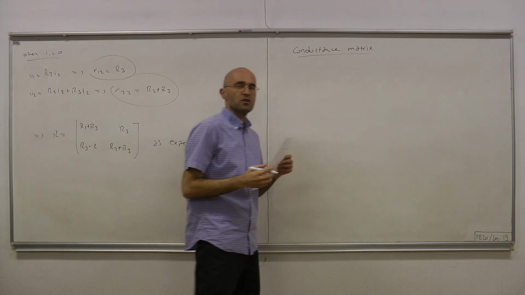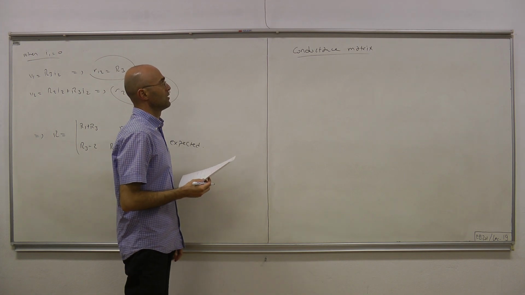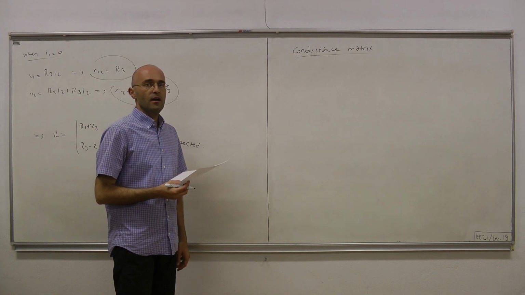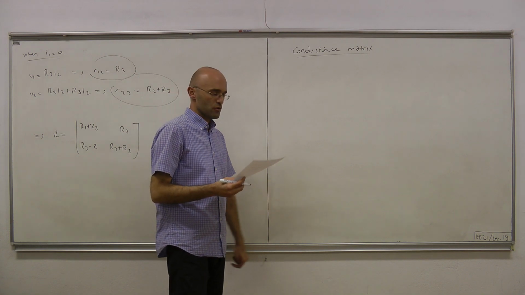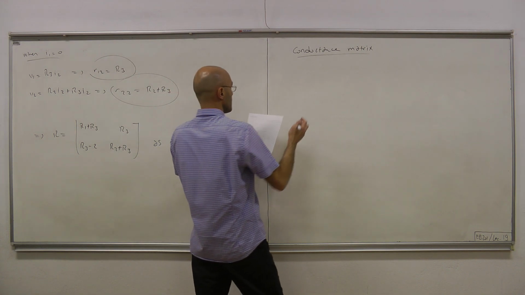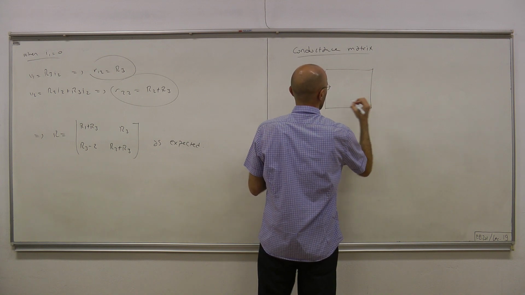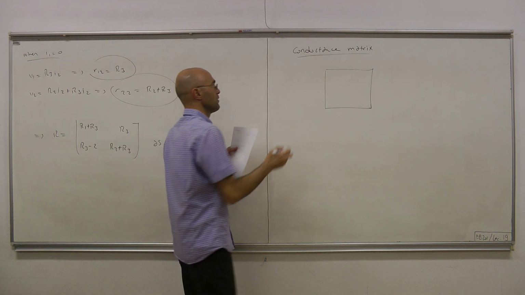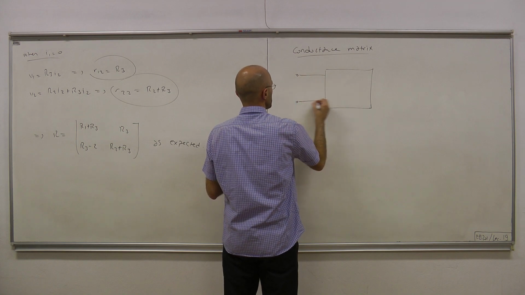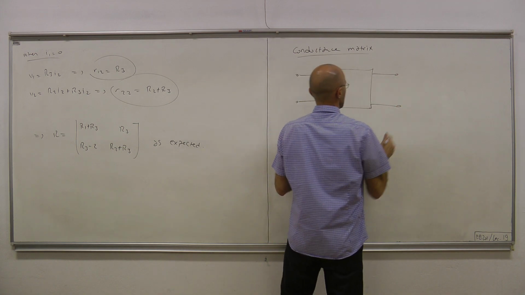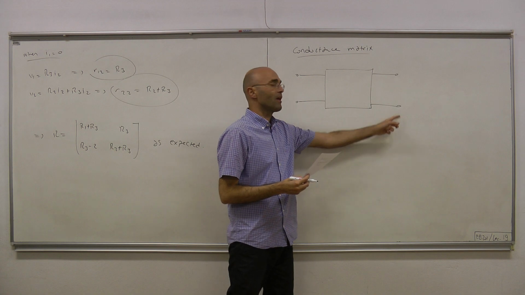Conductance matrix representation, where the goal is writing the currents as a function of voltages, a linear function of voltages. Okay, so we have an LTI resistive circuit with two pairs of terminals. Okay, port 1 and port 2.